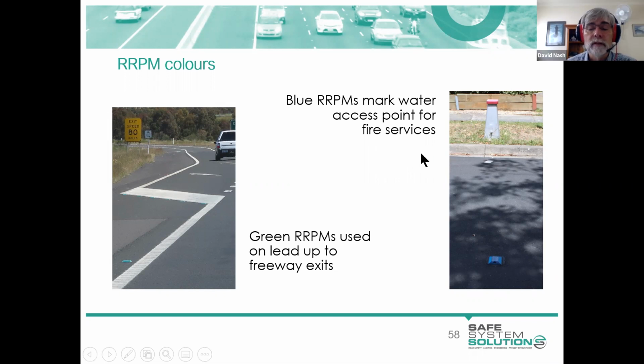But the reason we talk about that is just so that someone doesn't have a bright idea of introducing a new colour into the colour scheme of RRPMs and say, oh, we don't use blue for anything, let's use blue for this. No, you can't use blue because blue is reserved for water points. If you want a new colour, that'll have to be pink or purple or something different. Okay, so they're the green ones on the left and the blue ones on the right.